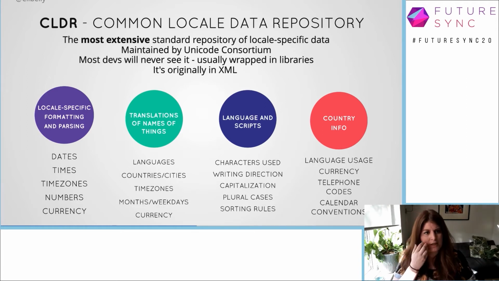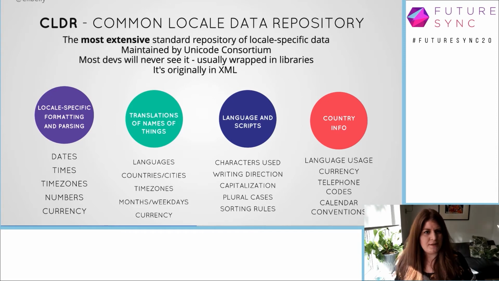It's basically a repository of locale related content that is fixed. There's info about country names. Anyway, it's really fascinating. You can go on their website and download the whole thing if you ever want to peek in, although it's in XML, which is not very friendly.